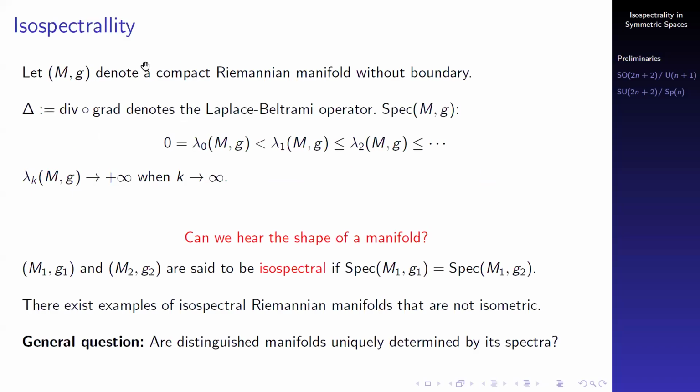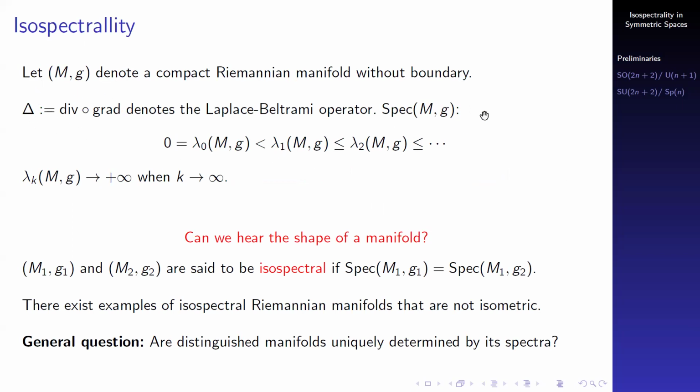So let's begin with isospectrality. In our setting, we begin with a compact Riemannian manifold without boundary, and we consider the Laplace-Beltrami operator, the negative of the divergence of the gradient, acting on functions.